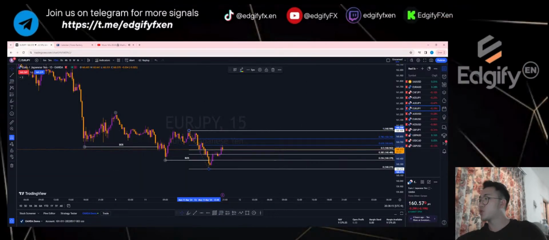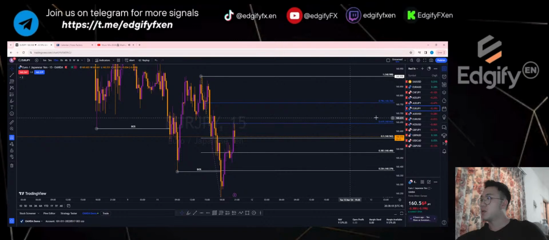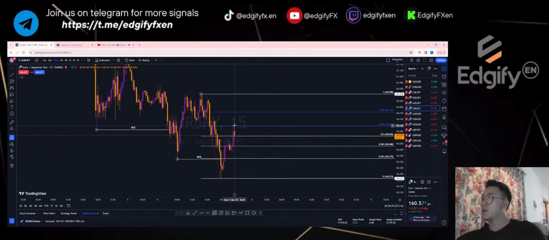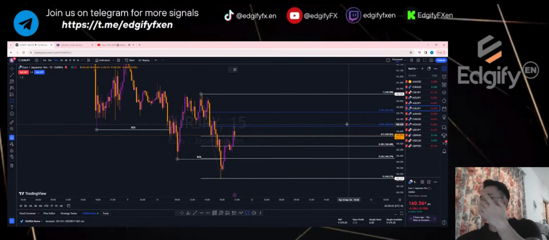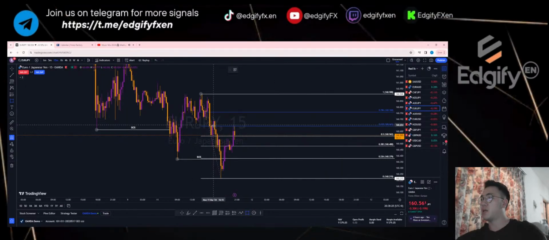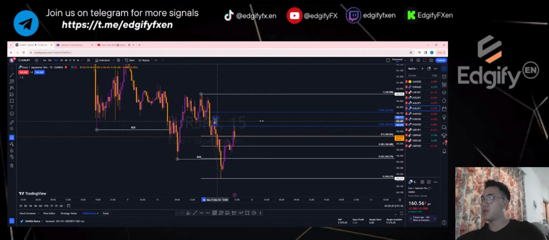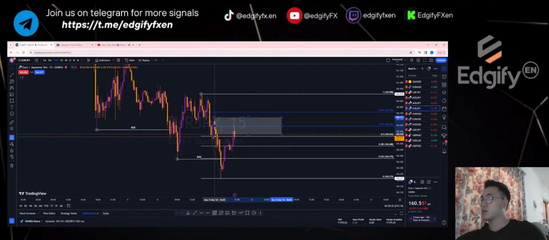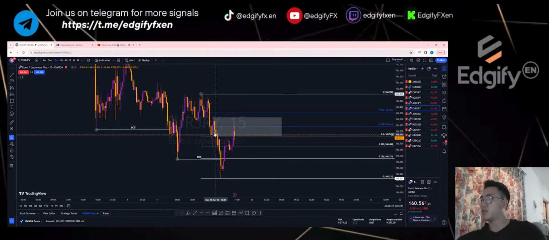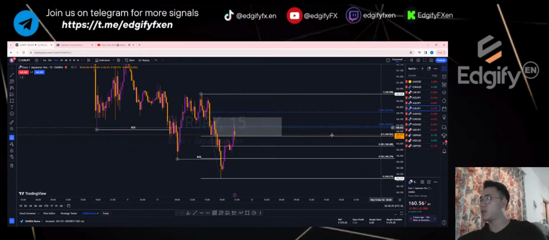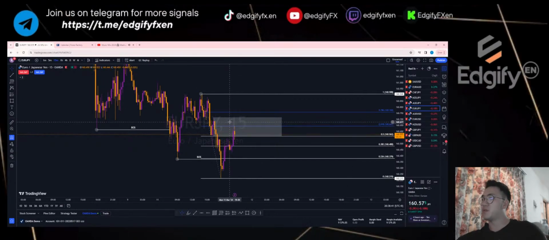This pair as well, we'll be looking for shorts. We have a tap in on this level, between the 0.618 and also the 0.786 level. We also do have basically this supply level, even though it's out of the 61.8 here, but the price has stepped in above.